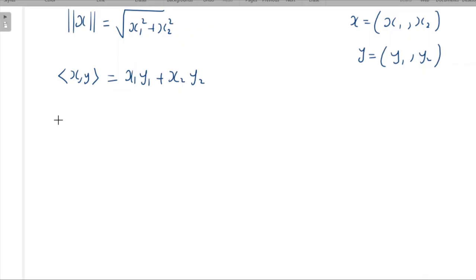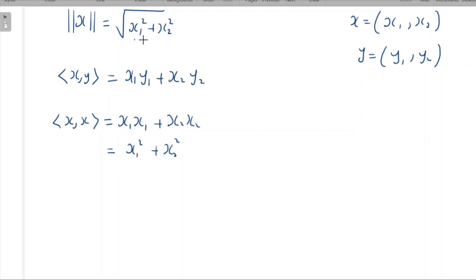Now, let me take the inner product of x with itself, following the expression of the inner product. That gives me x1 x1 plus x2 x2, and going further, x1 squared plus x2 squared.